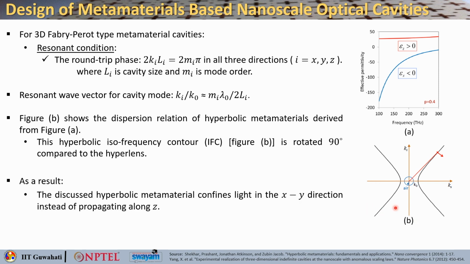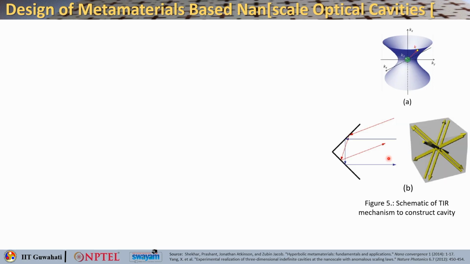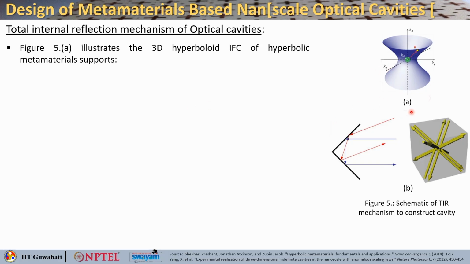So, as a result, you can see that this is in kx and this is kz. So, this is basically in the xz plane. Okay. So, you can understand that this particular hyperbolic metamaterial can confine light in the xy direction instead of propagating along the z direction. Okay. So, the figure A, this one shows you the 3D hyperboloid isofrequency contour for this kind of hyperbolic metamaterial.